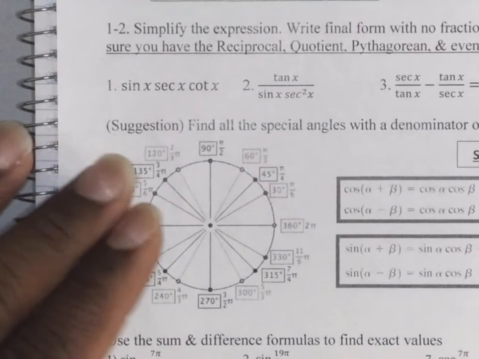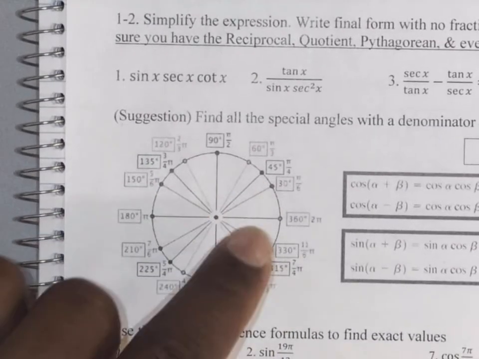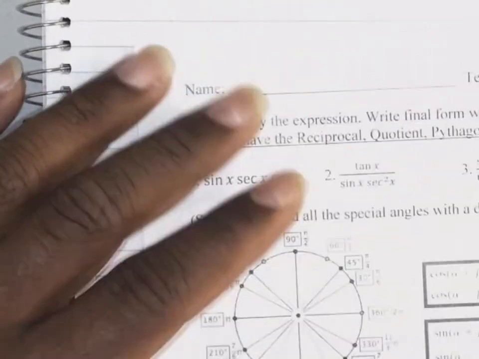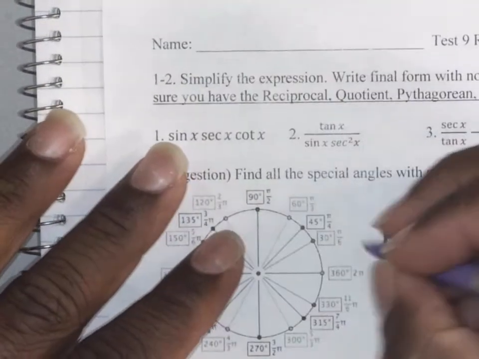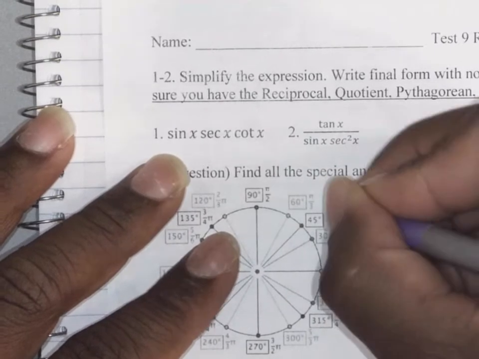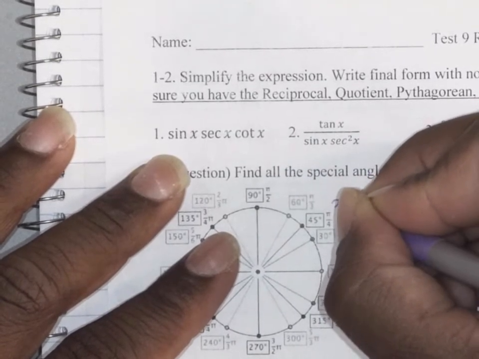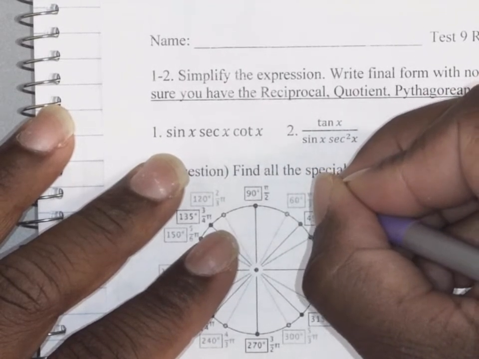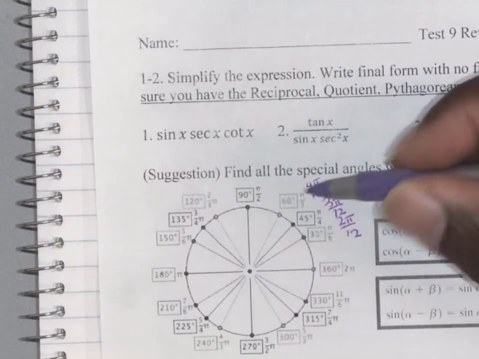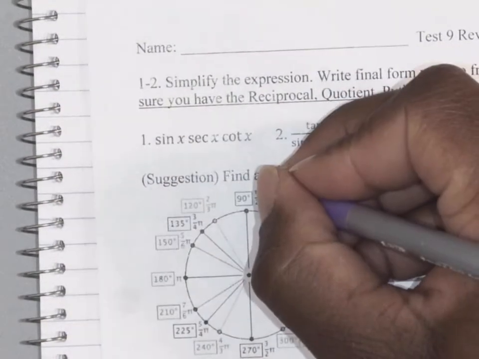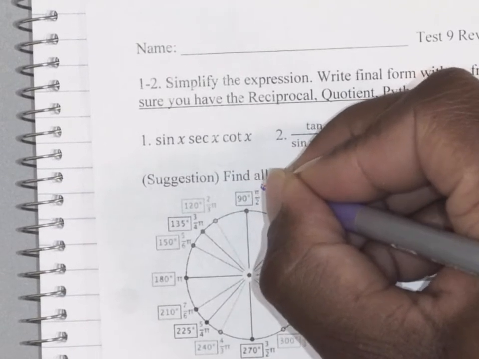If you look somewhere in your notes, you should have all of these already kind of converted for you. So let's see, I'll convert some of these first ones real quick. This would be 2 pi over 12, 3 pi over 12, 4 pi over 12. And I don't think any of these are big enough to get me -7. This would be 6 pi over 12.